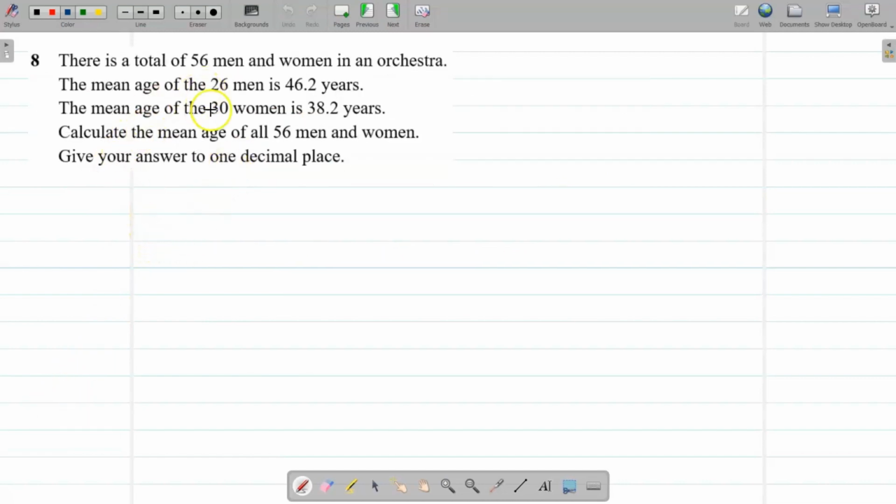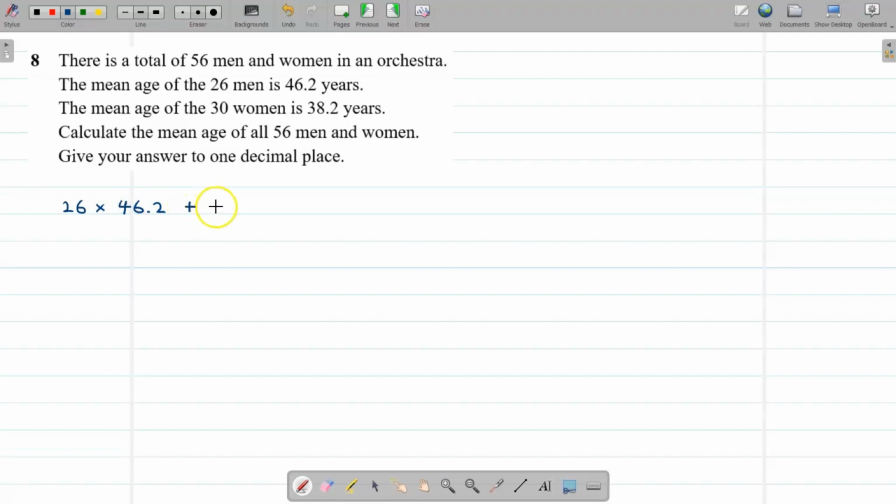This question is about combining the means. So this is the process. We look for the total age of all the 26 men added together. So it's 26 times 46.2. Now always write your calculation down. Don't just go straight for the calculator.